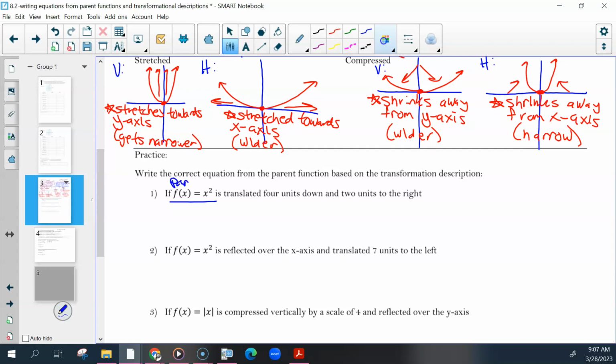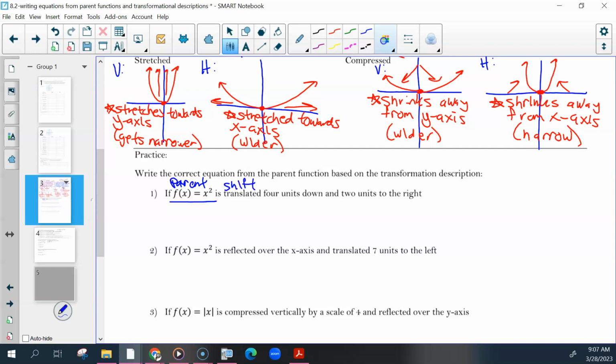I'm going to write that as a little note. Parent function, so we know that's the function we're going to be writing with, is translated, so that means it's going to do what? Shift, reflect, stretch, or compress. Shift.